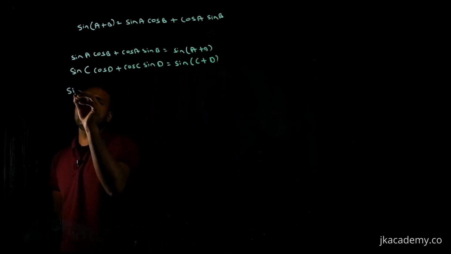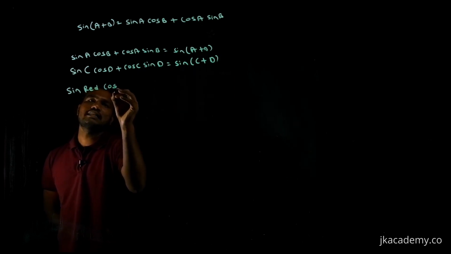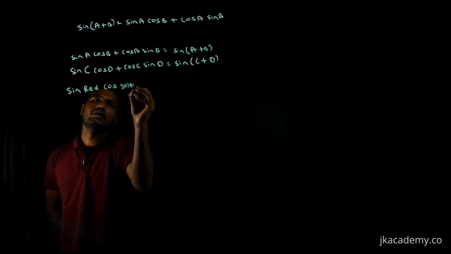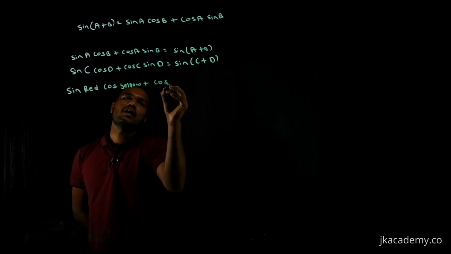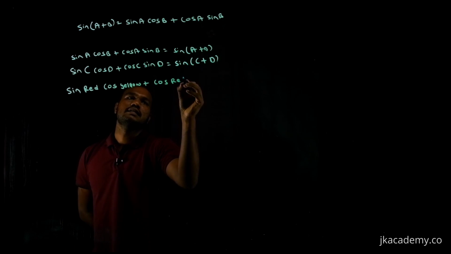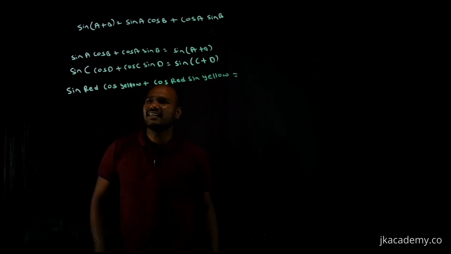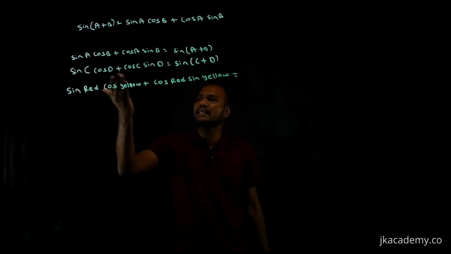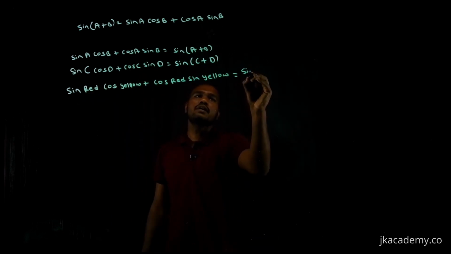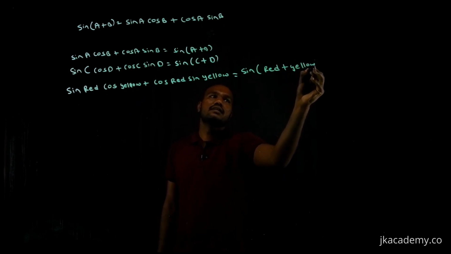So if I write sin anything, let's say red, sin red cos yellow plus cos red sin yellow. Red and yellow mean any angle, A, C and D are any angle. So this will become sin of red plus yellow, isn't it?